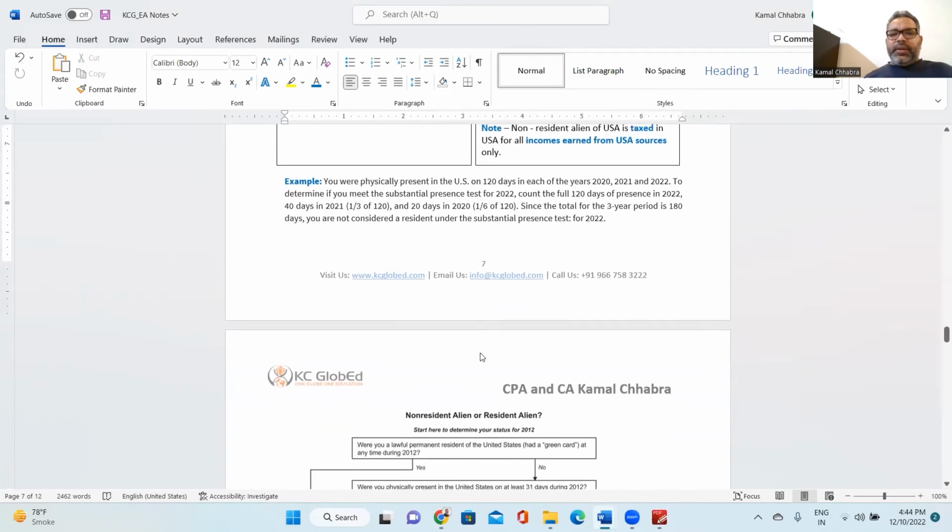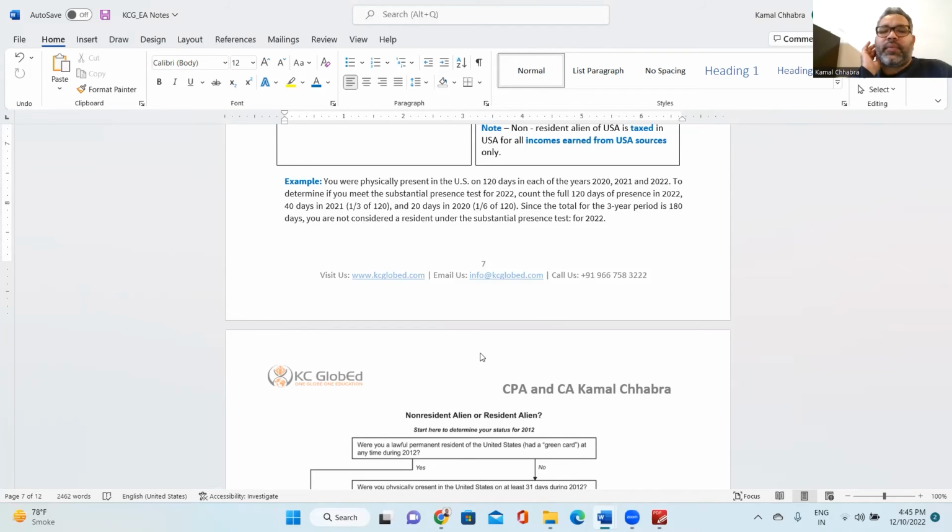So here also an example is given. You are physically present in the United States of America for 120 days in each of the years 2020, 2021, and 2022. To determine if you meet the substantial presence test for 2022, count the full 120 days of presence in 2022, right? And 40 days, how are you calculating 40 days for 2021? 120 divided by 3, right?